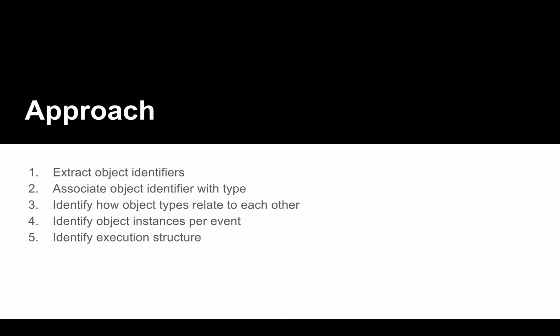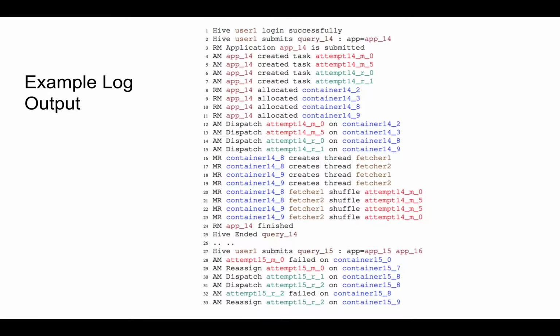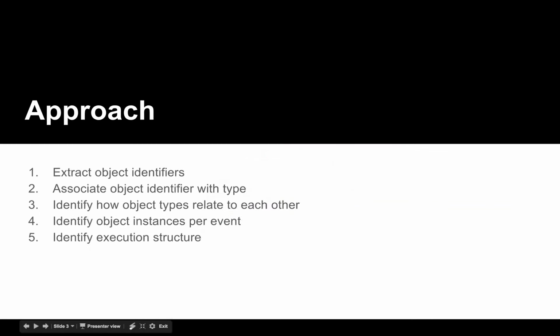So what did the authors of this paper do? They provided, from a very high level, a 5-step approach. One, if we look at log messages, they're one line at a time, right? And they contain some information.